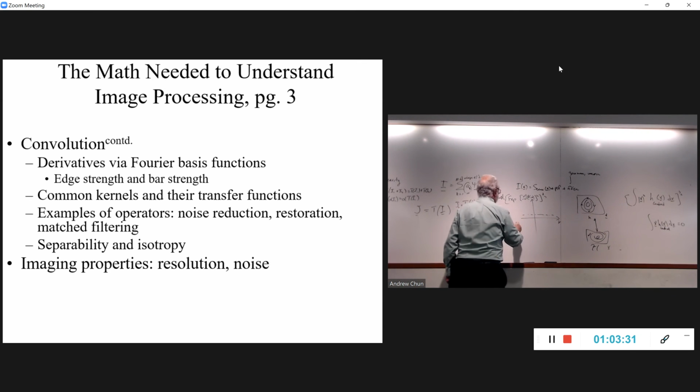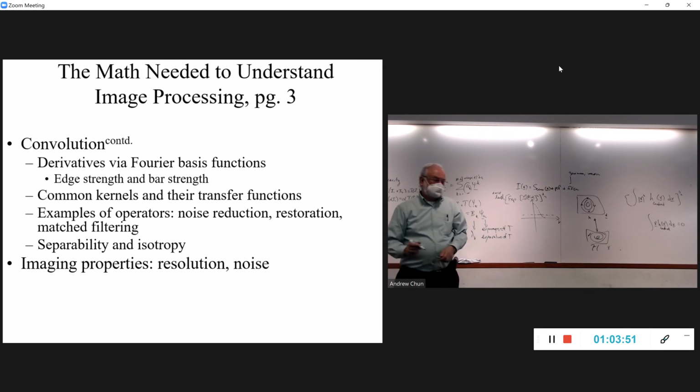But on the other hand, the image is the scene involved with a PSF, and the PSF looks something like Gaussian. And the result is that the image information gets really small as you get to higher frequencies.